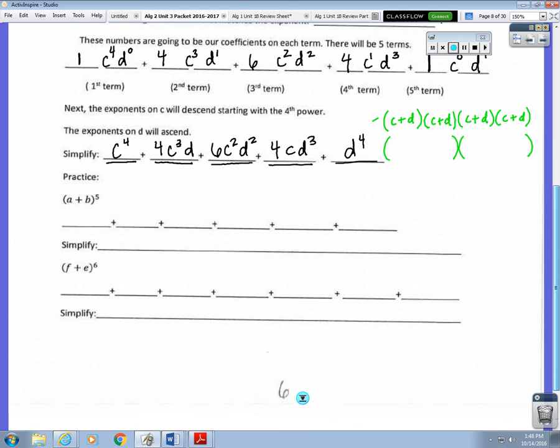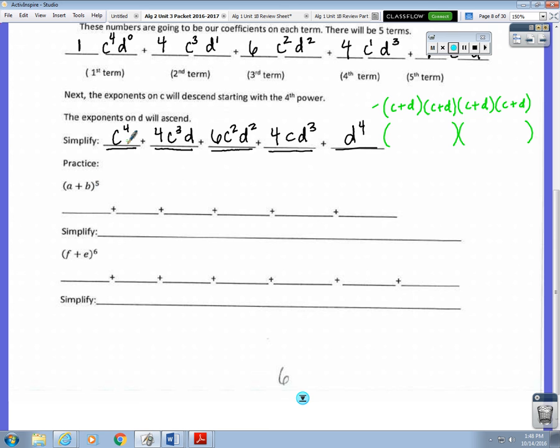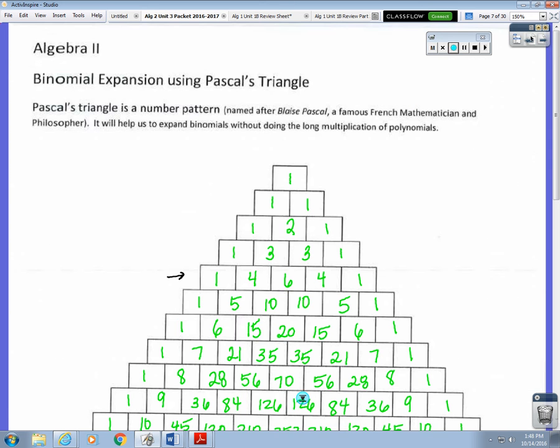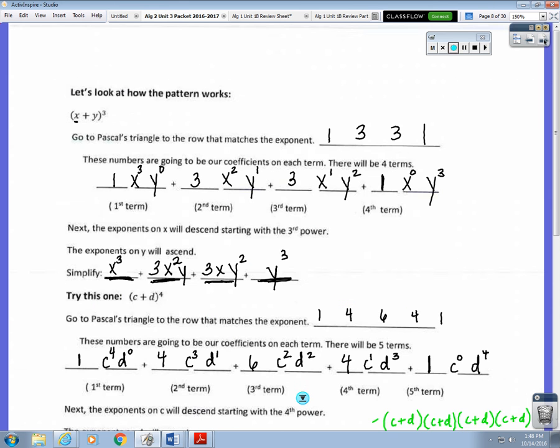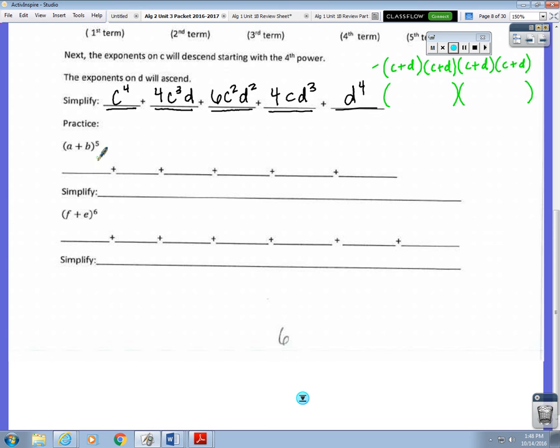So, since it's raised to the fifth power, you look to the triangle, and that means we need to use this row. 1, 5, 10, 10, 5, 1. Those are my coefficients of each term.